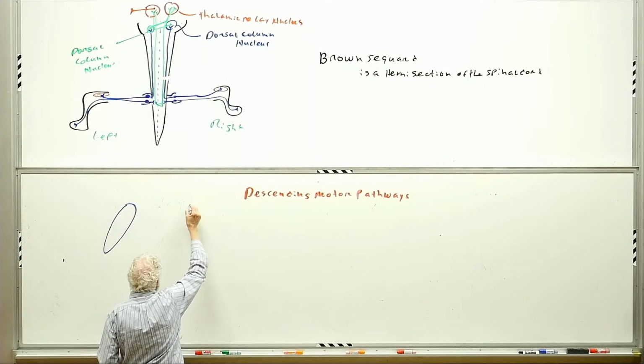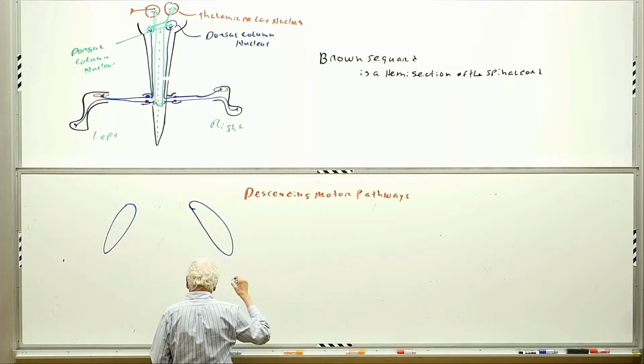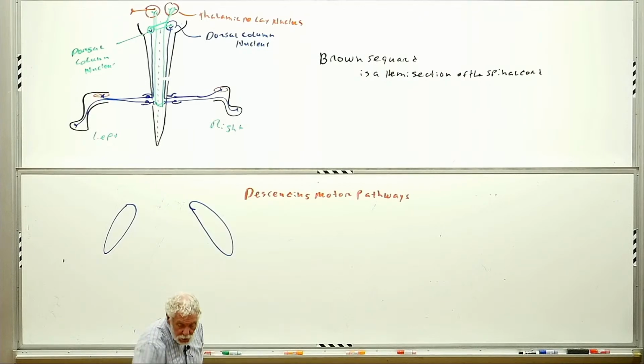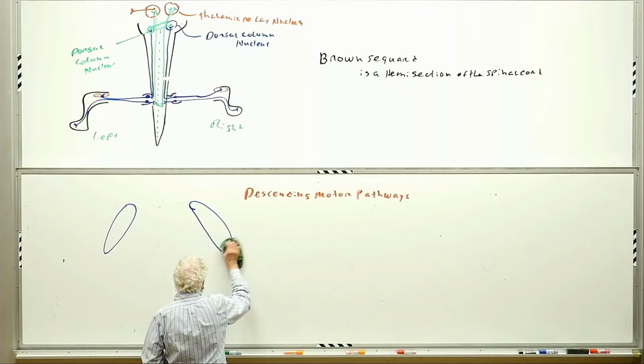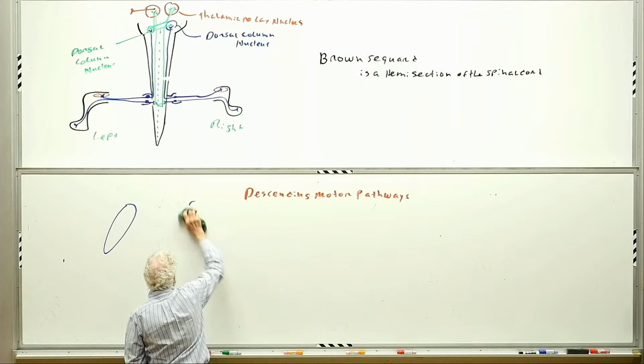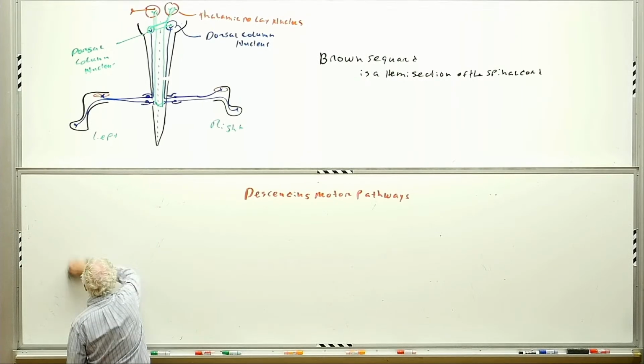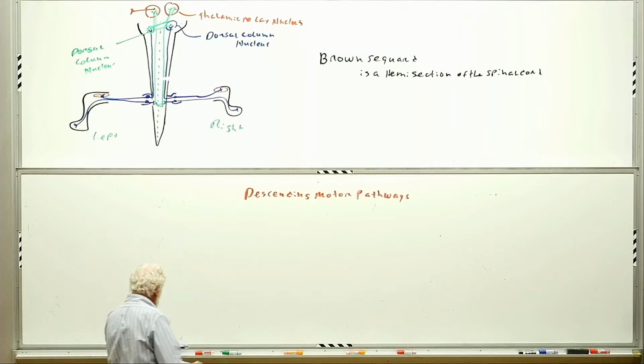This is meant to be the cortex. Let me put that in a different color so that it's more of a contrast from what we just talked about, because we talked about putting sensory in blue. Let's go ahead and put the motor in green.